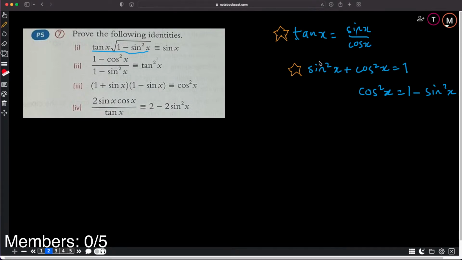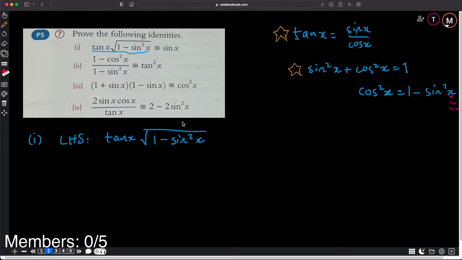And likewise, you could say sine squared x equals 1 take cosine squared x. So for part 1, maybe you can notice what we're going to do. I'm going to say, using the left-hand side, tan of x, well, let's write the thing out first.